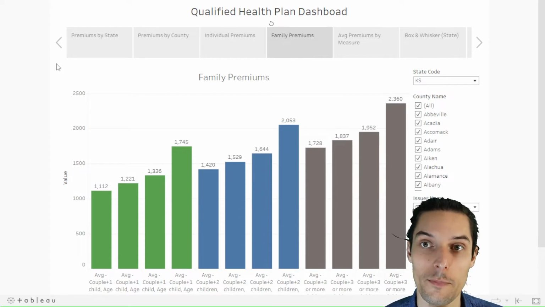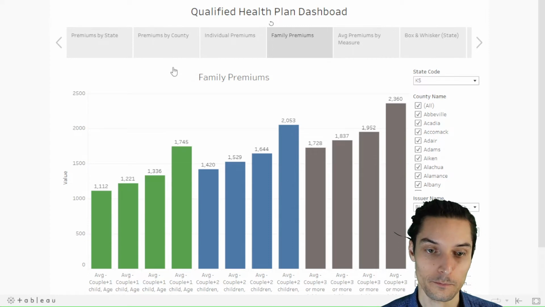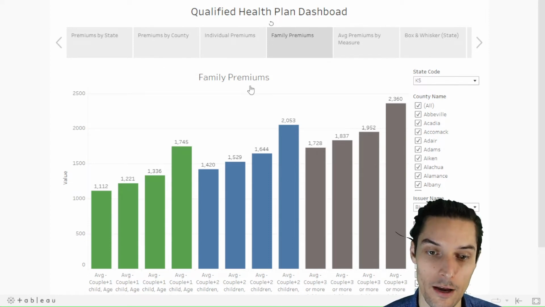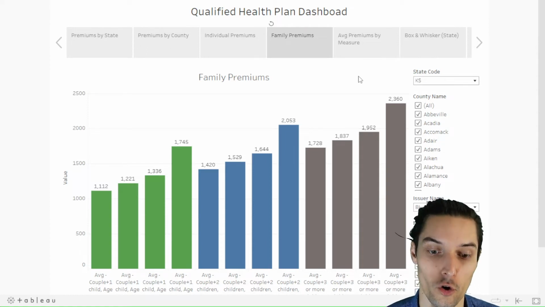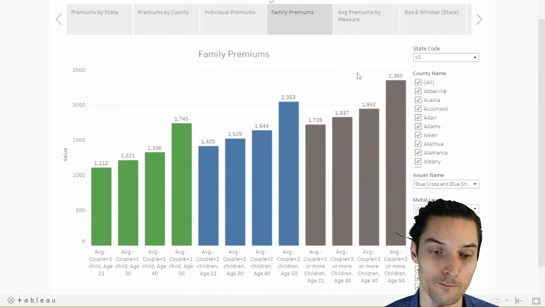And so one of the best ways to do so is that every page in your data visualization should be telling one specific story. In this case, the story that I'm showing is family premiums for healthcare insurance. How much does a specific family within a specific category or group set pay for their healthcare premium?